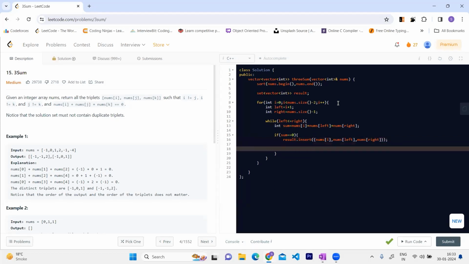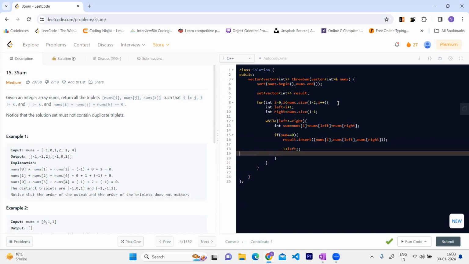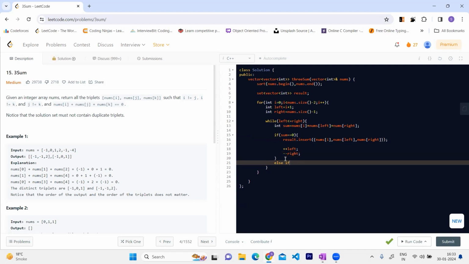After this, we'll increment our left pointer and decrement our right pointer. Else if sum is less than 0, then we'll just increment our left pointer. Else, we are going to decrement our right pointer.